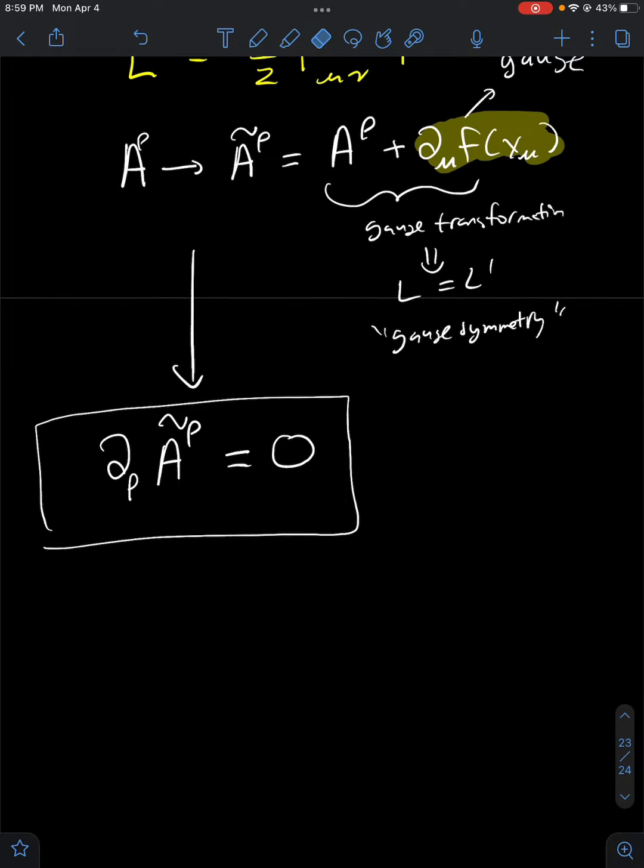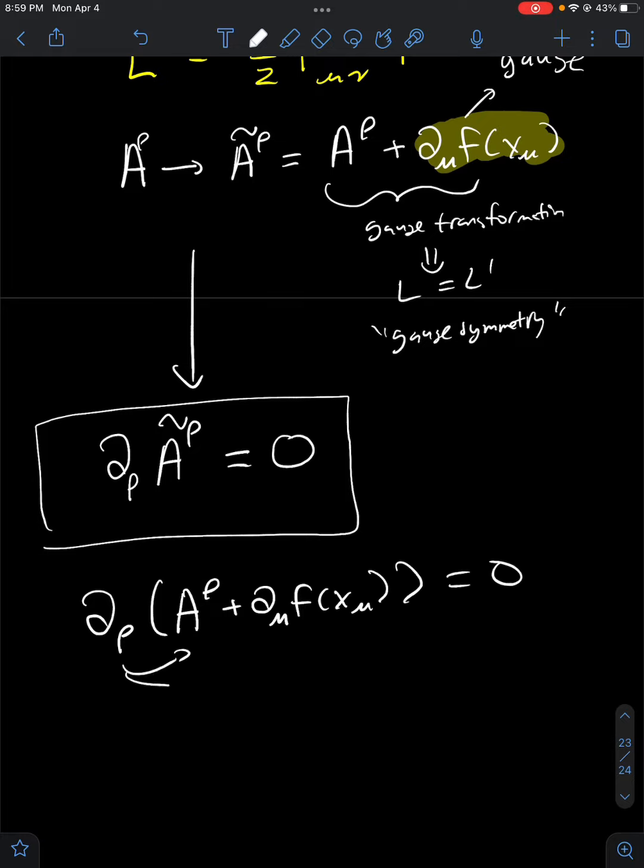So the question remains, what gauge can we use where we have this relation? Well, to do that, we just have to plug in our gauge transformation, which is just A rho plus this. We just expand this derivative, or distribute this derivative on the inside.